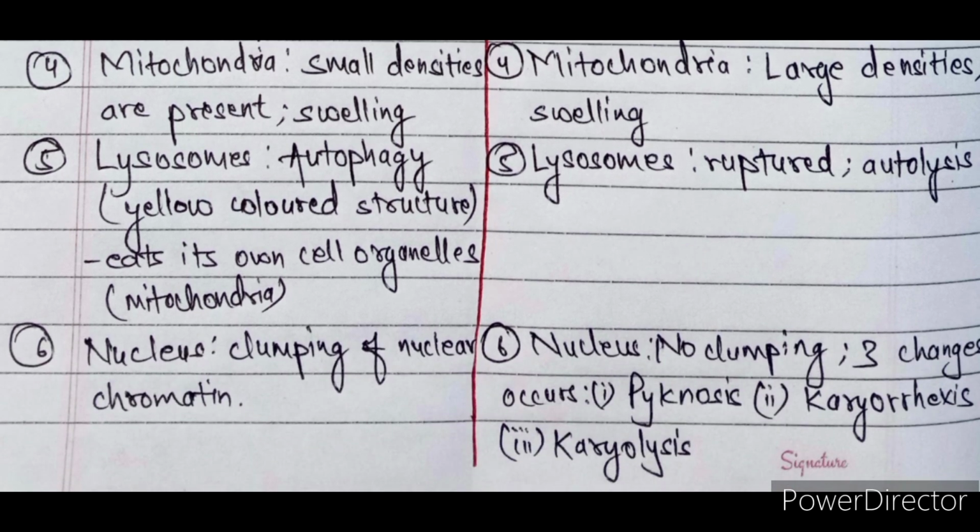And the sixth point is nucleus. In the reversible cell injury, there is clumping of nuclear chromatin, whereas in irreversible cell injury, there is no such clumping of nuclear chromatin, but there are three major changes which occur in the irreversible cell injury, and those are pyknosis, karyorrhexis, and karyolysis.